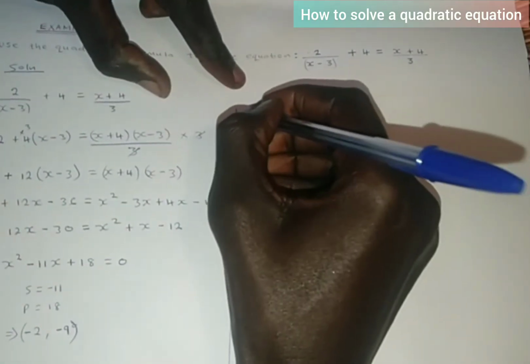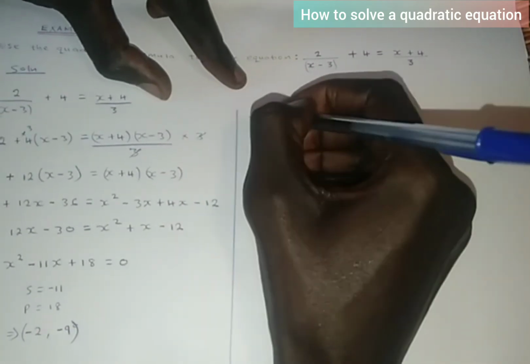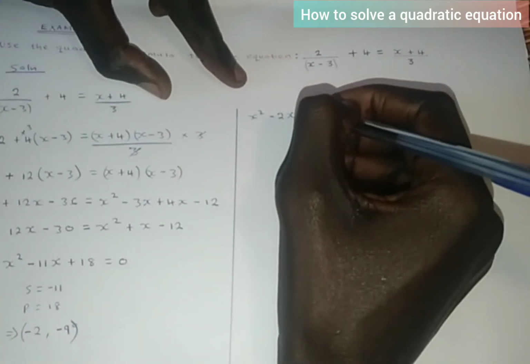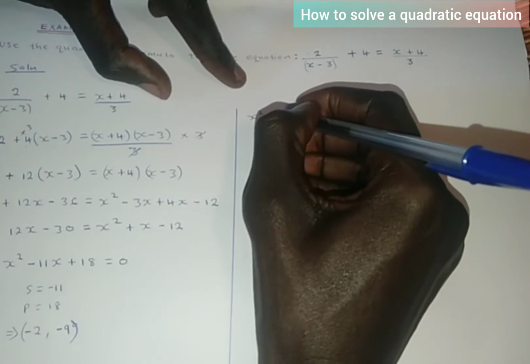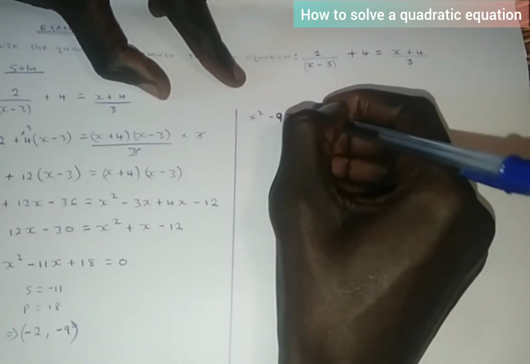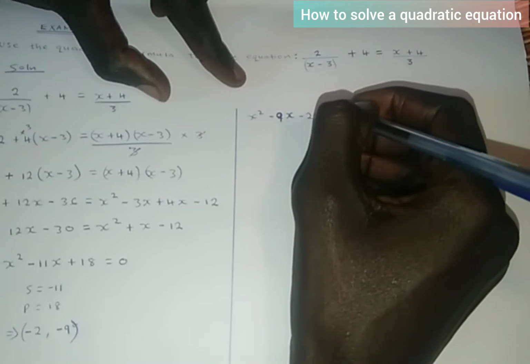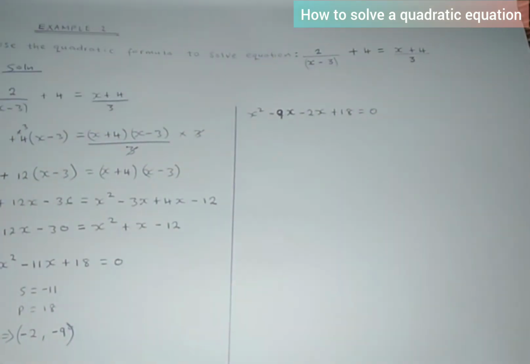So we have x squared minus 2x, let's say minus 9x minus 2x plus 18 is equals to 0.